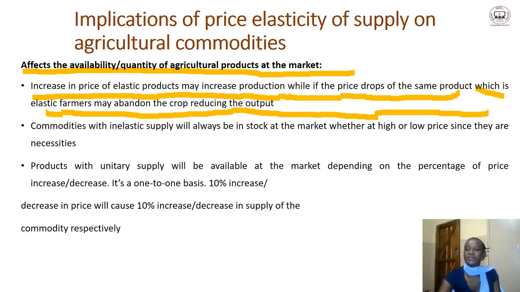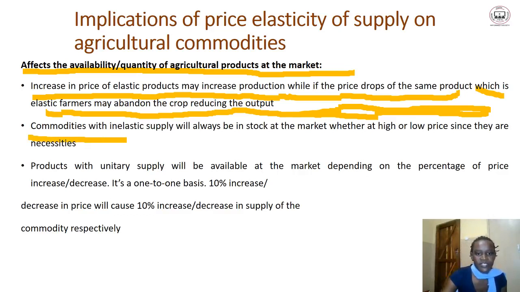But if the price drops a little bit of the same product, which is elastic, most of the farmers may abandon the crop, reducing the output. So the availability of the output will be low if the price reduces a little bit, but it will be high if the price increases a little bit.